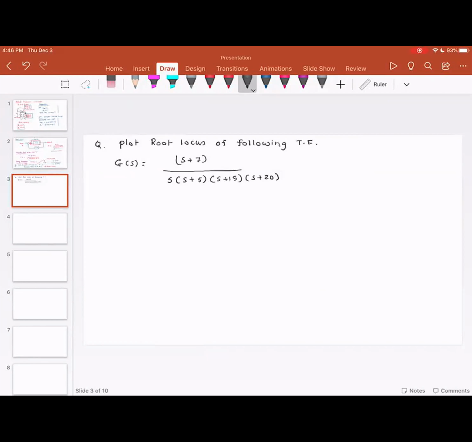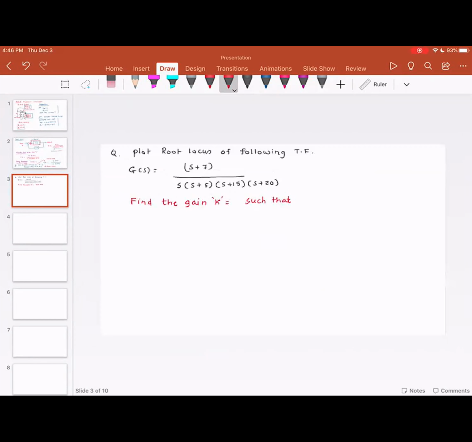I want to find the value of gain K such that overshoot is less than 5% and rise time is 1 second.